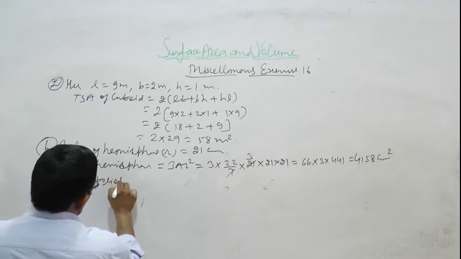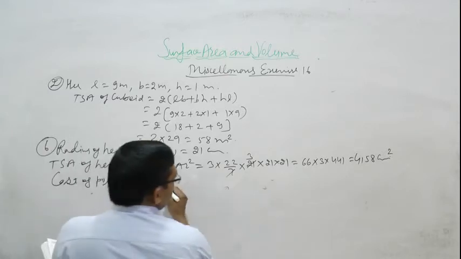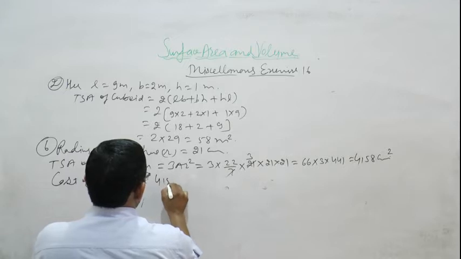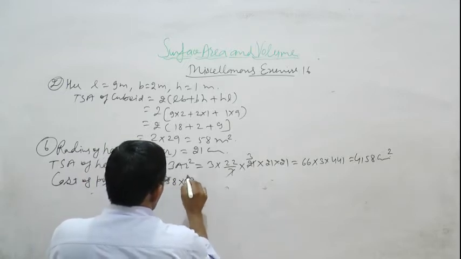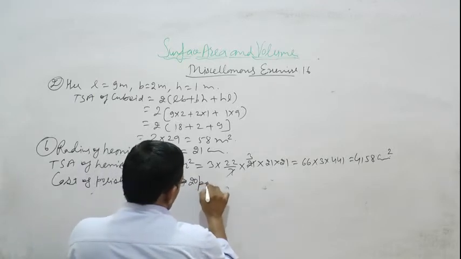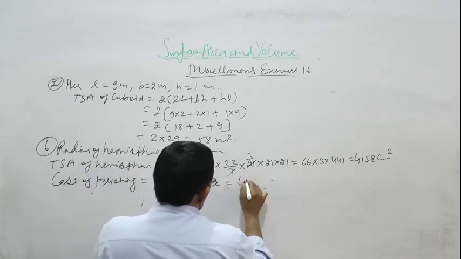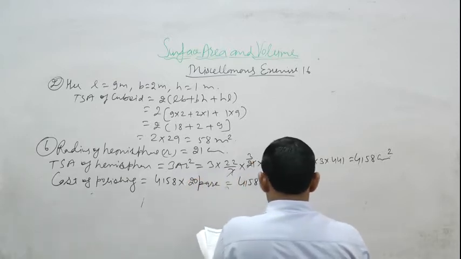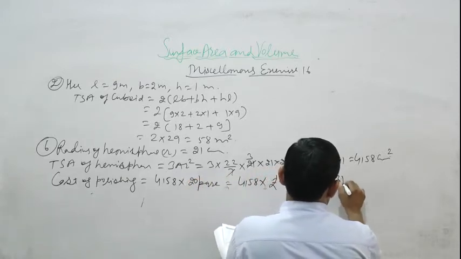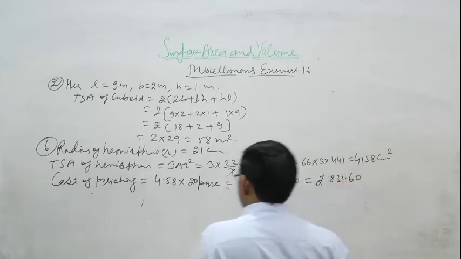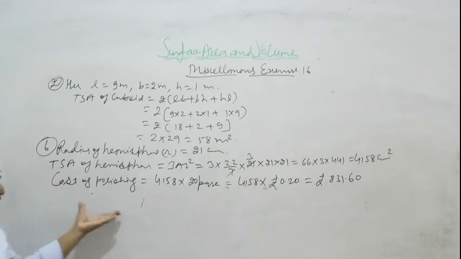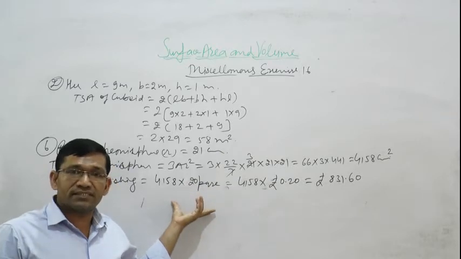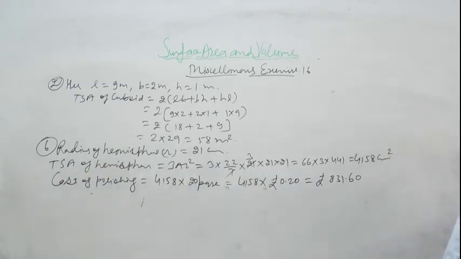Now find the cost of polishing. The cost of polishing is 4158 multiplied by 20 paisa, that is 4158 multiplied by rupees 0.20, because the rate of polishing is 20 paisa per centimeter square, so we change into rupees by dividing by 100.